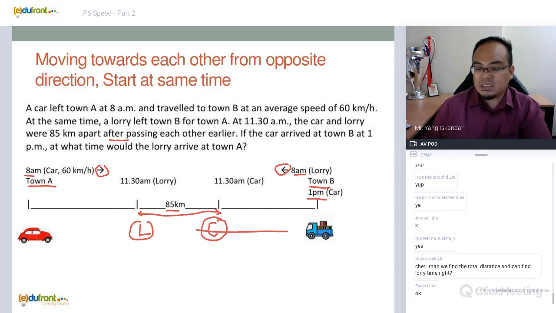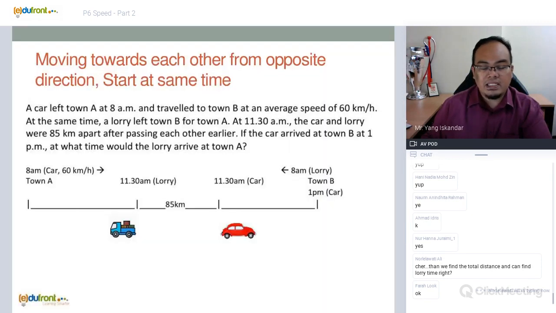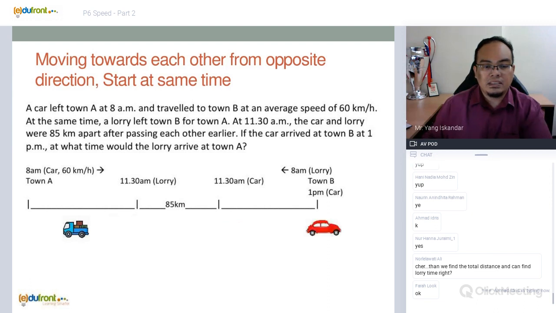All right, now let's take a look at the steps. So here the car is here, and the lorry is here, after they pass each other, and the distance is 85 kilometers apart. Let's see the working. Now, when the car has reached the end, at town B, the lorry would be somewhere in between.